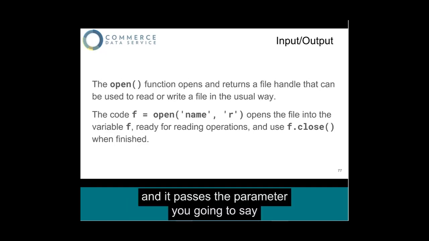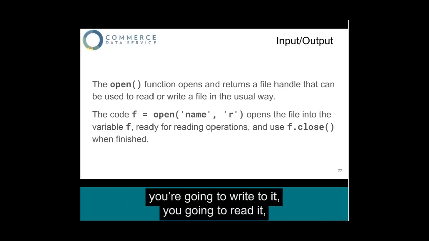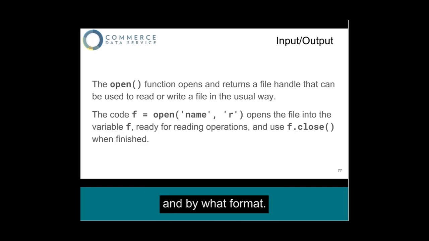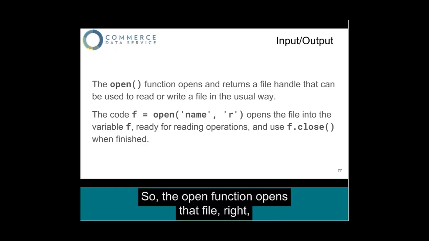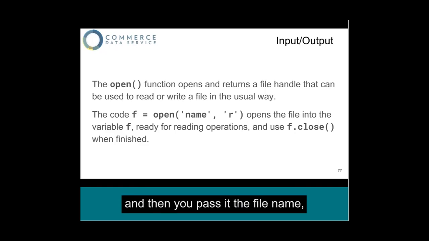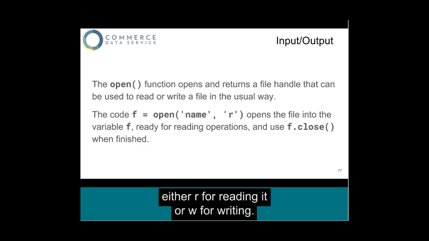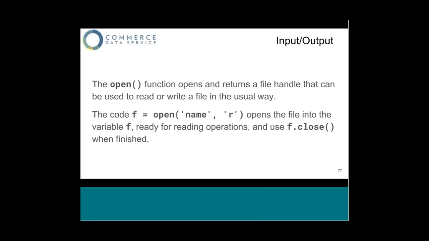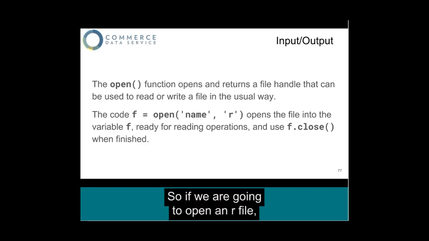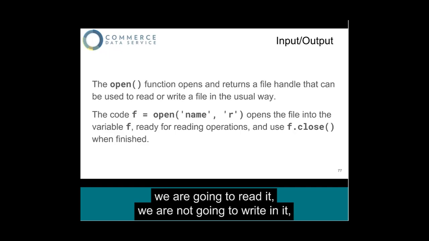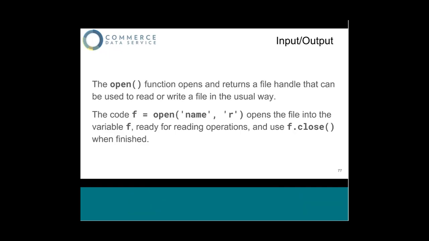And you pass it a parameter, either saying you're going to write to it or read it, and by what format. So the open function opens that file, right? And you pass it the file name, and then how you're going to open it, either R for reading or W for writing. So if we're opening a file to load in, we're probably going to read it. We're not going to write to it, right? We don't want to overwrite anything.